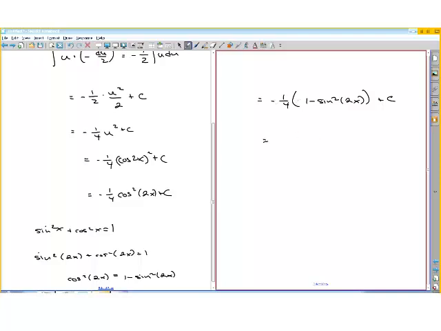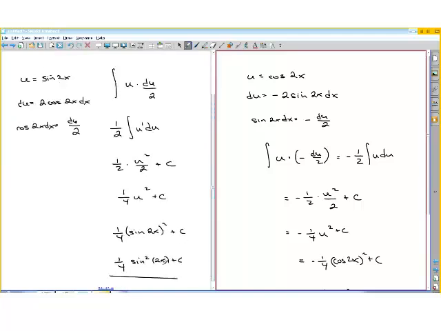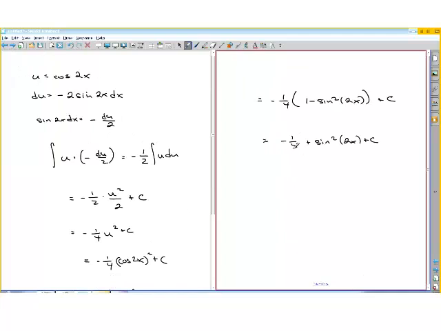And when I multiply these, I get negative 1/4 plus sine squared of 2x plus c. You say, well, that's still not exactly the same, because I had 1/4 sine squared of 2x plus c back down here. Here I have c plus 1/4 or minus 1/4 or something.